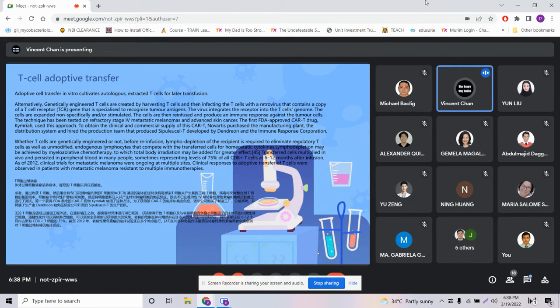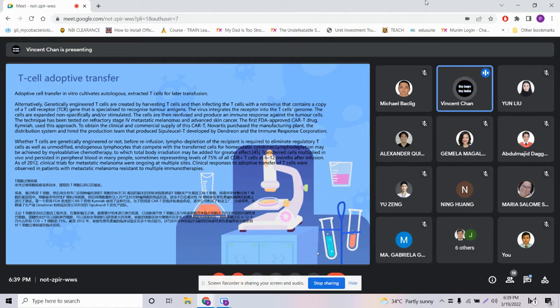Whether T-cells are genetically engineered or not, before infusing, lymphodepletion of the recipient is required to eliminate regulatory T-cells as well as unmodified endogenous lymphocytes that compete with the transferred cells for homeostatic cytokines.